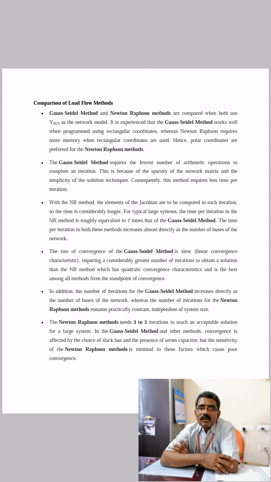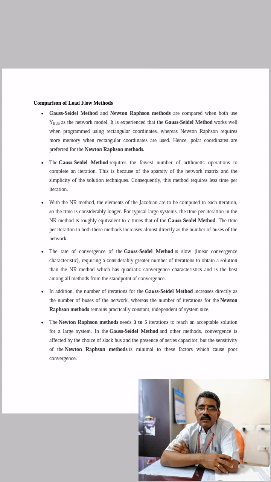The number of iterations for Gauss-Seidel method increases directly with the number of buses, whereas the number of iterations for Newton-Raphson method remains practically constant and independent of the size of the network.